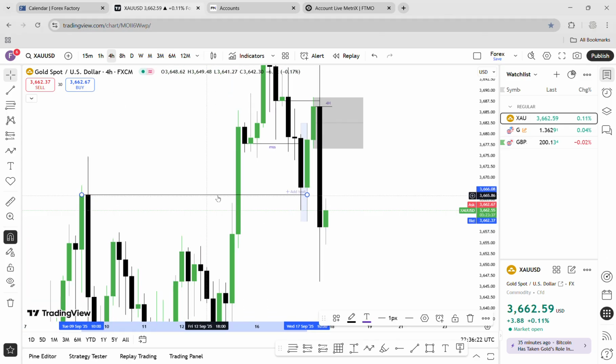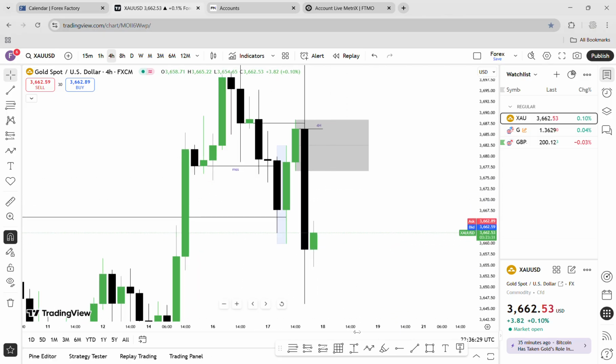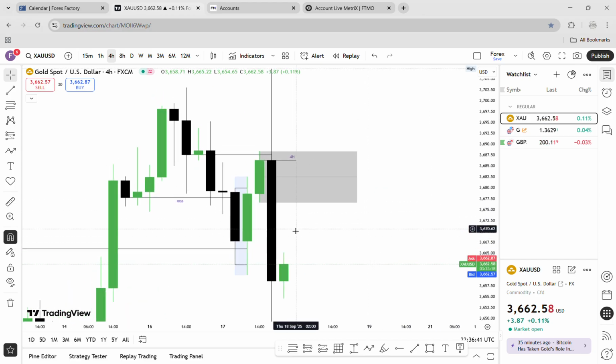At that time price had already broken this structure to the downside. I said, okay, now we need a pullback. So liquidity was grabbed after a rejection, and price pushed higher, right? You can see here, price pushed higher. You see that? This becomes a market structure shift, right?